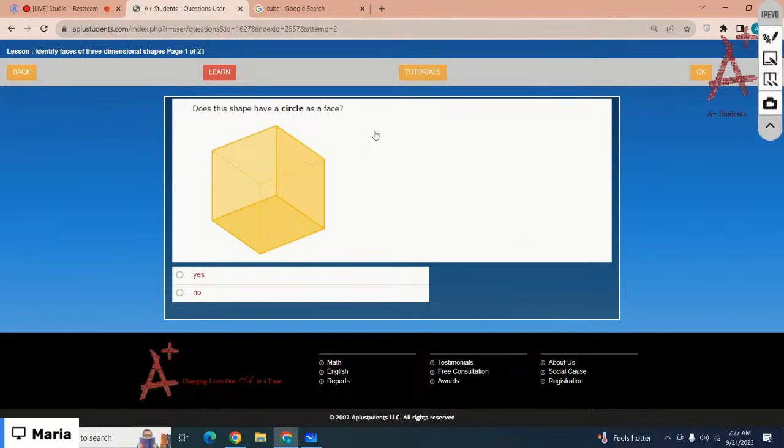No, right? The shape has all faces that look like squares, not circles. So the correct option is no, right? Very good.